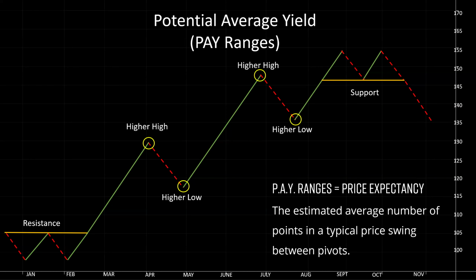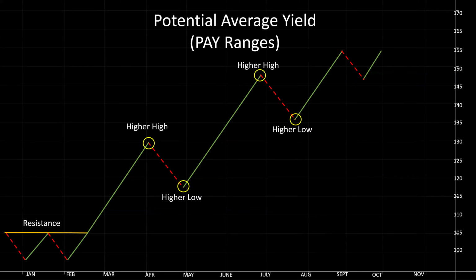When you're looking to make a trade, for example, let's say we're looking to make a trade right here where the market's trying to form up support. In looking at the average yield of the trend, what I like to do is look at the previous low point to the previous high point.